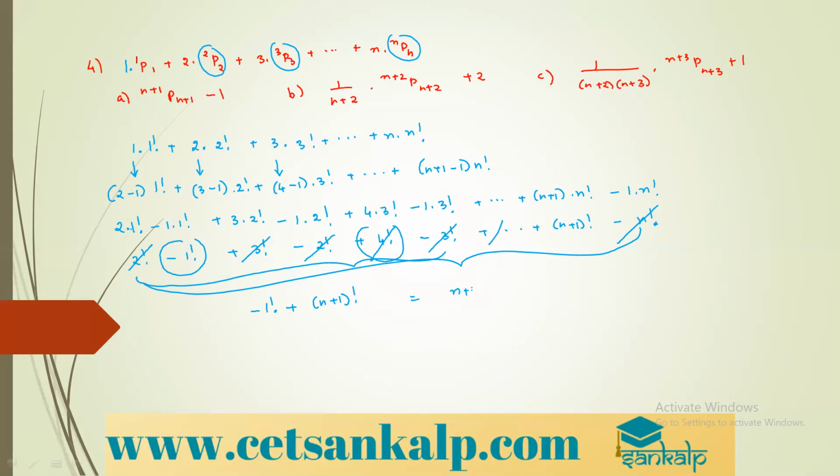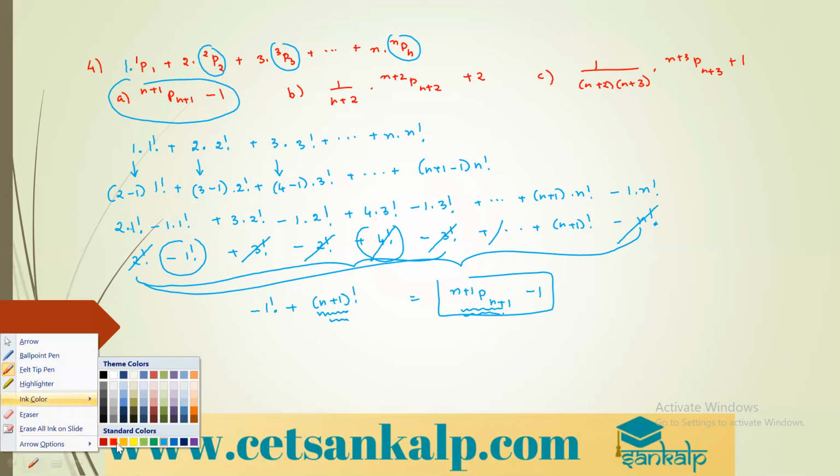That means n plus 1 P n plus 1, minus 1. This will be the answer, the first option. Because n plus 1 factorial, I can write as n plus 1 P n plus 1. So using this formula, this is what we will get.